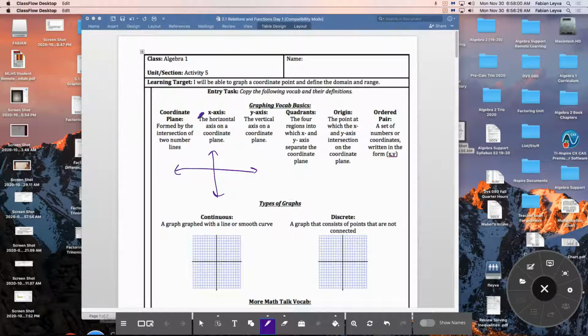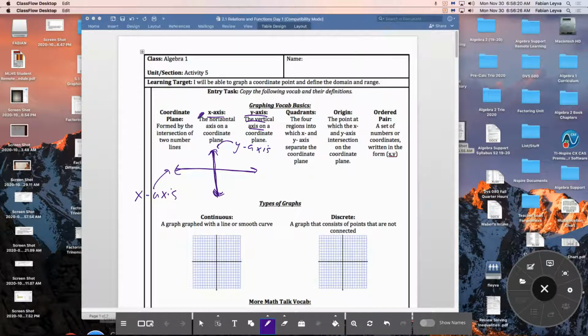Now, notice that of these two lines, one of them is horizontal and the other one is vertical. The horizontal axis of the coordinate plane, this one right over here, is called the x-axis. The vertical line, which is this one right over here, is called the y-axis.